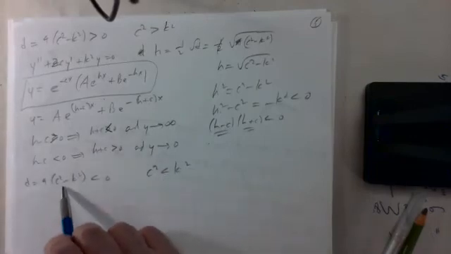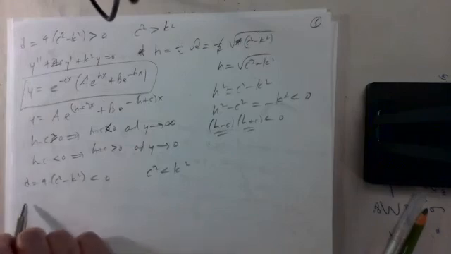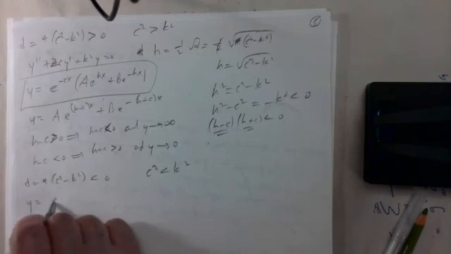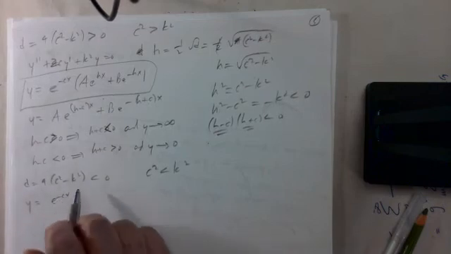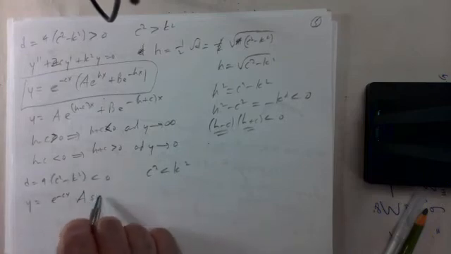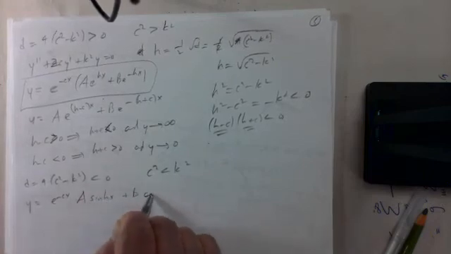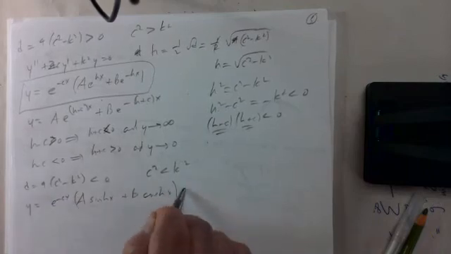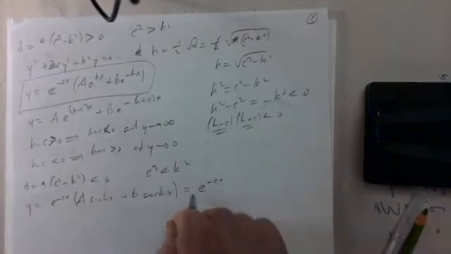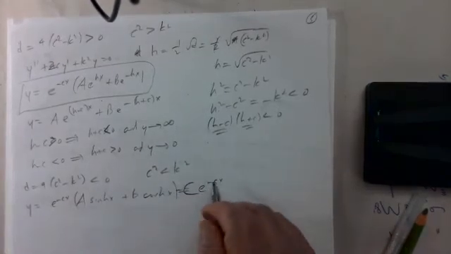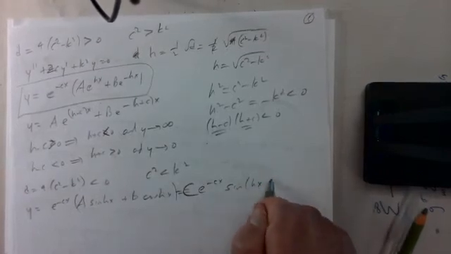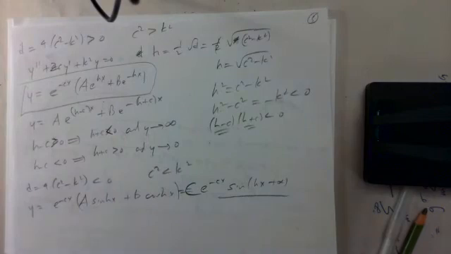And in the case when the discriminant is negative, your general solution is y equals e to the minus cx times some linear combination, a sine hx plus b cosine hx, which we saw we can combine into just one sine function, sine of hx plus alpha.